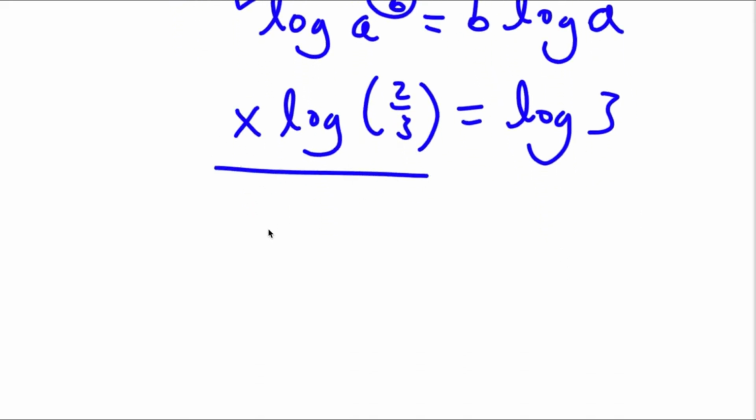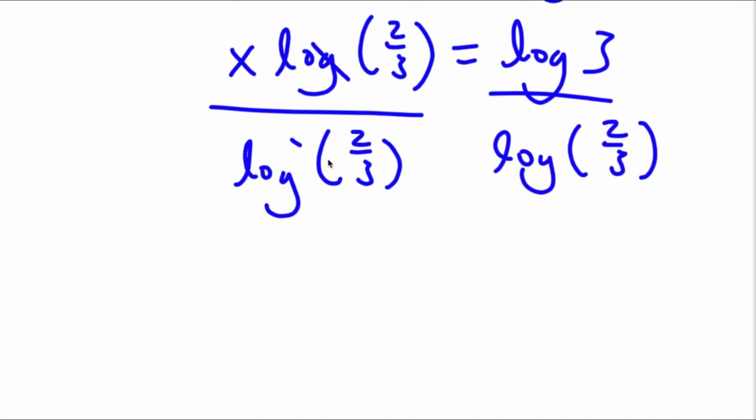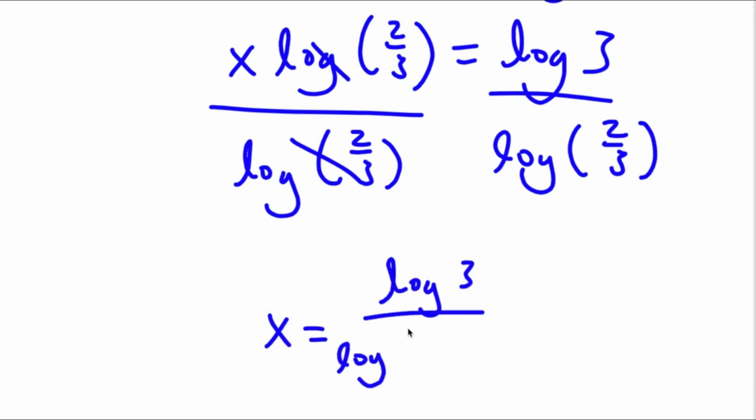Now I'm going to divide both sides by log 2 over 3. So then these two will cancel out, and I'll be left with x is equal to log 3 over log 2 over 3.